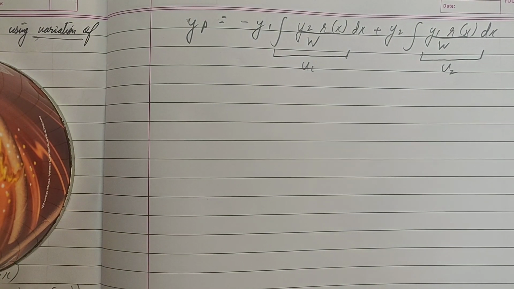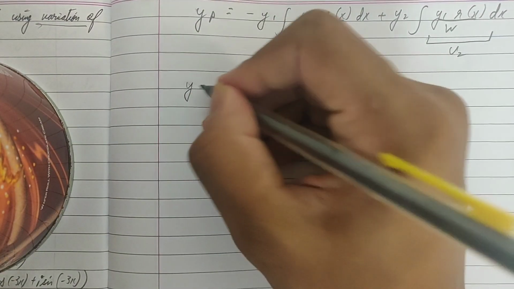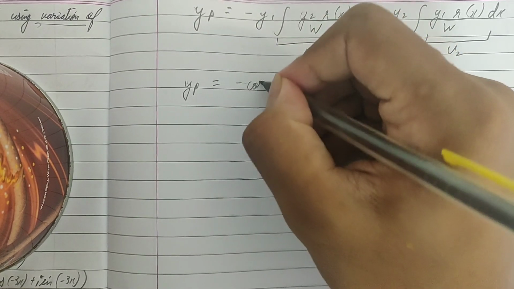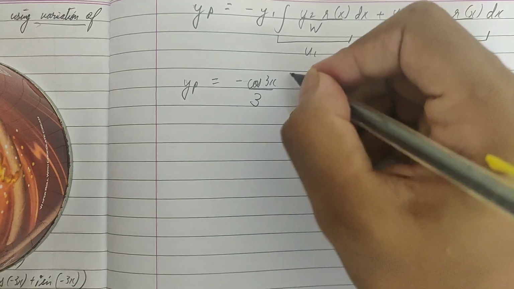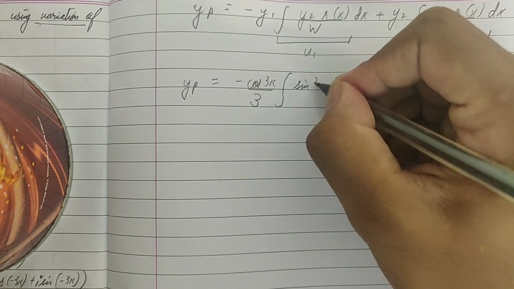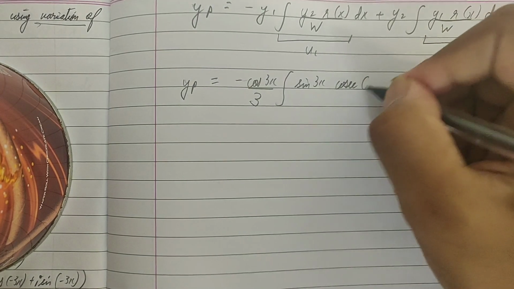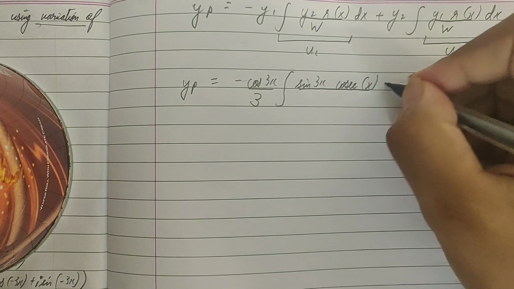Alright, so plugging in the values, we get y particular is equal to minus cos 3x. I'm going to take out the Wronskian outside, which is 3, and this was the integral of sine 3x, and we know r of x was cosec x.